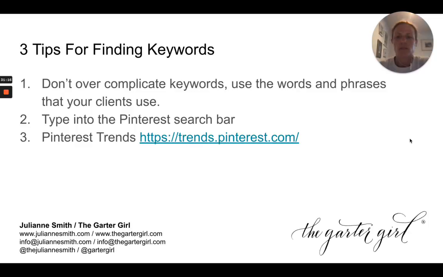What's most popular? And so what I will say here is do not overcomplicate these keywords. You want to use the words and the phrases that your clients use. I used to work with a caterer helping him with his SEO for his website. And he kept saying, I want to know those special words.